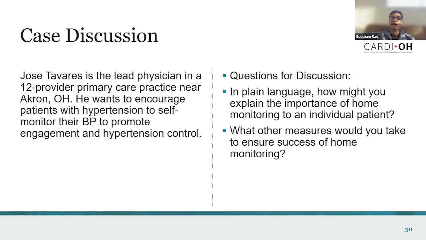We want to empower patients to manage their blood pressure to promote engagement and hypertension control. How would you start that discussion with an individual patient who's never done this before, never done any home monitoring? This is Arpita. Yeah, go ahead.